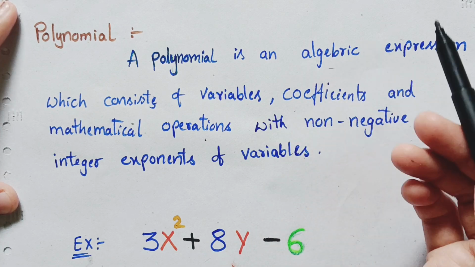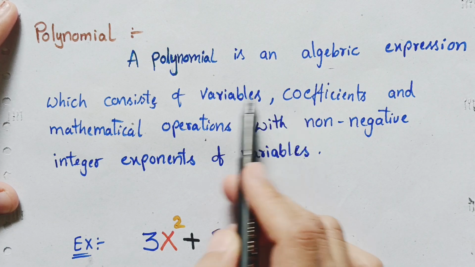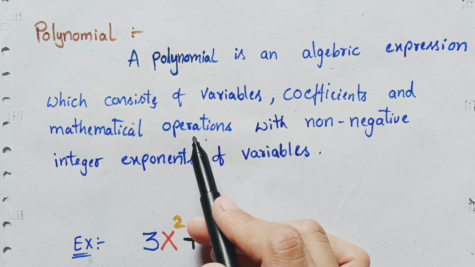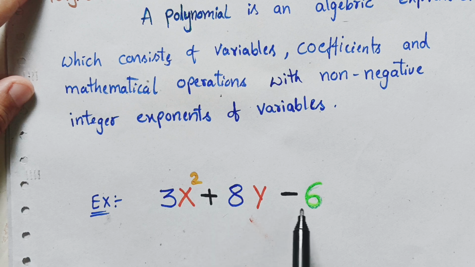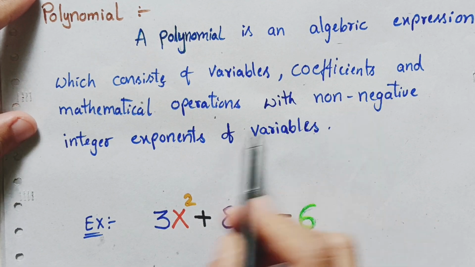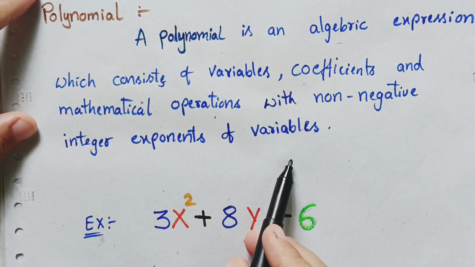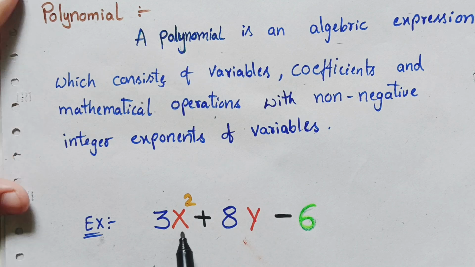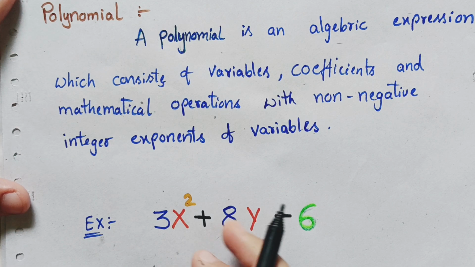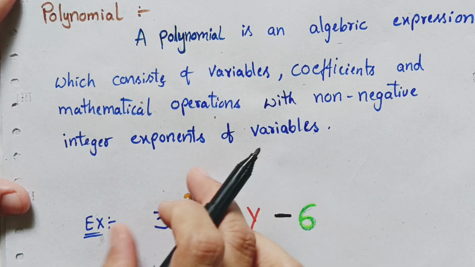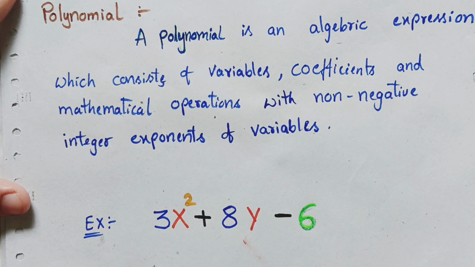An expression which contains variables, coefficients, and mathematical operations. We have variables, coefficients, and mathematical operations, and that too with non-negative integer exponent of variables. Means for the variables we have non-negative powers or exponents. So this entire thing we call it as polynomial.